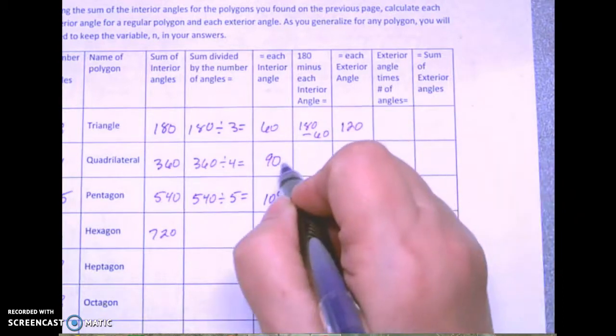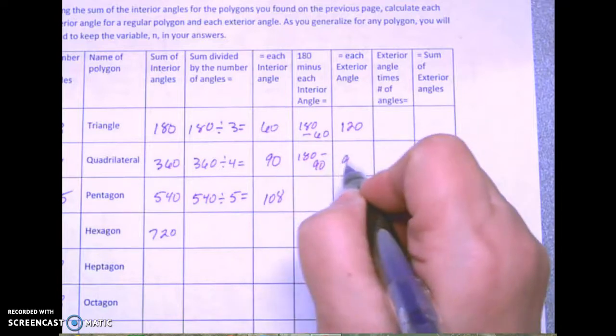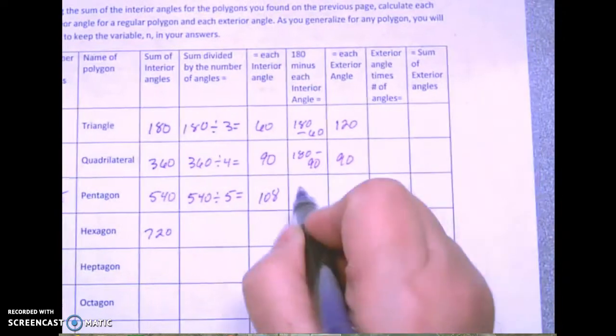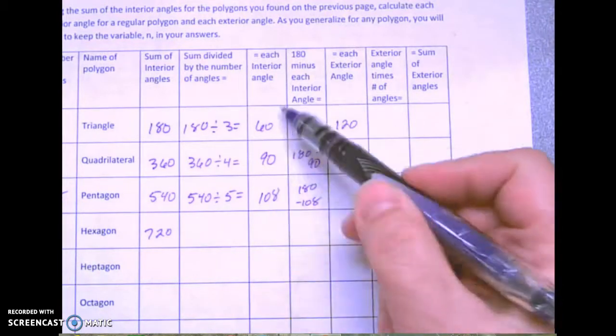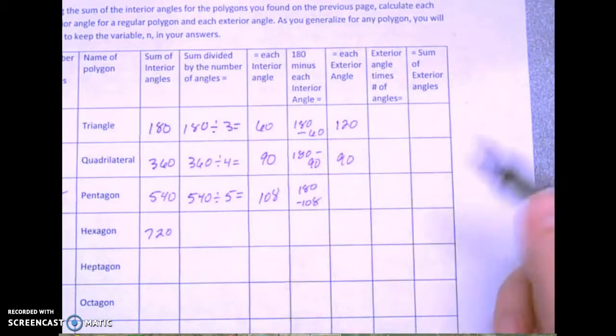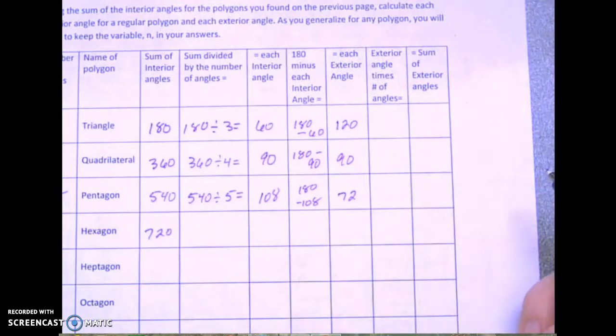The second one, I want 180 minus the 90. 180 minus 90 gives me 90. Then I want 180 minus my 108. I'm taking 180 minus the column that's right in front of it. 180 minus 108 gives me 72.